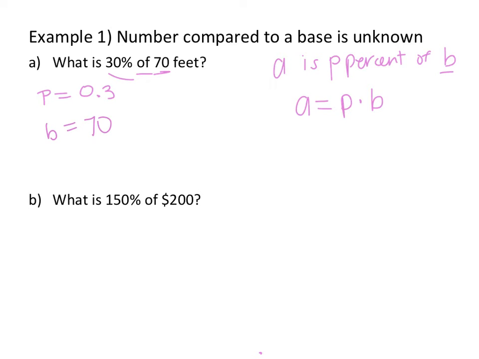Okay, setting this up. A is unknown, so A is equal to P, which is 0.3, times B, which is 70. Multiplying these, I have 21. So A is equal to 21. So 21 feet.